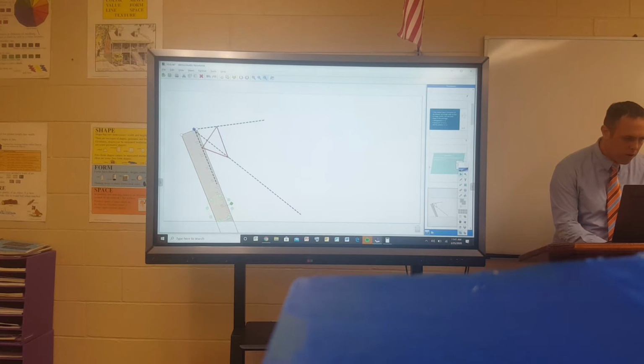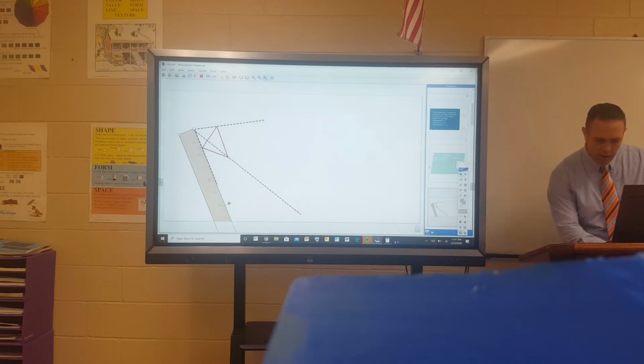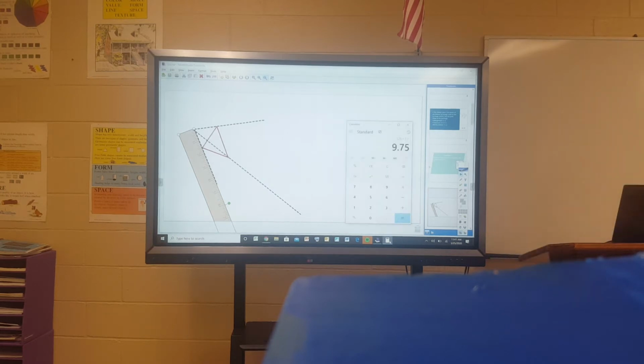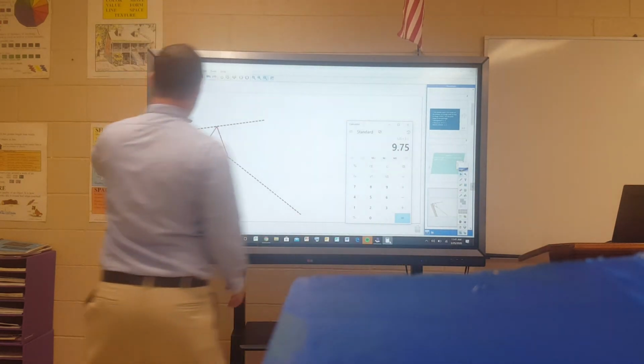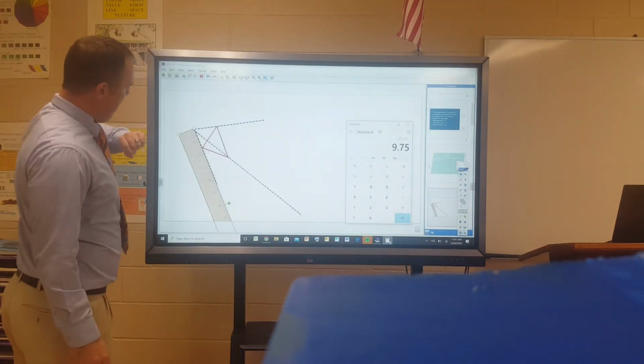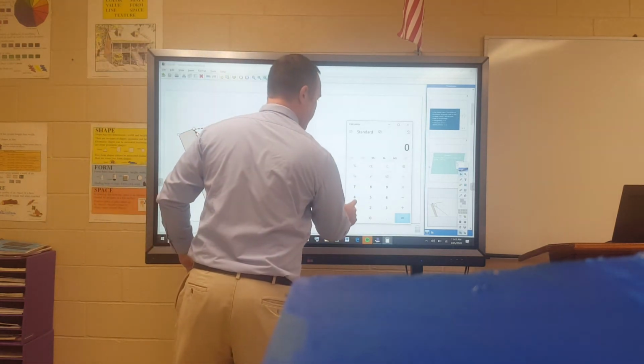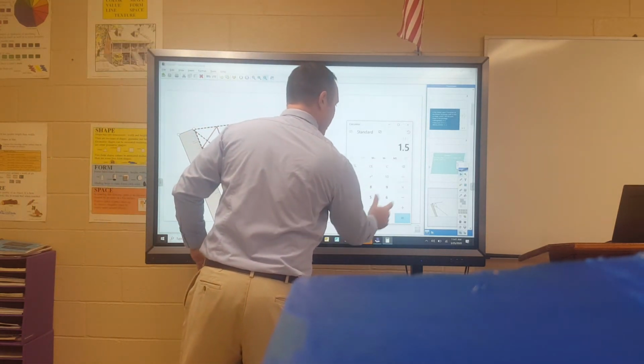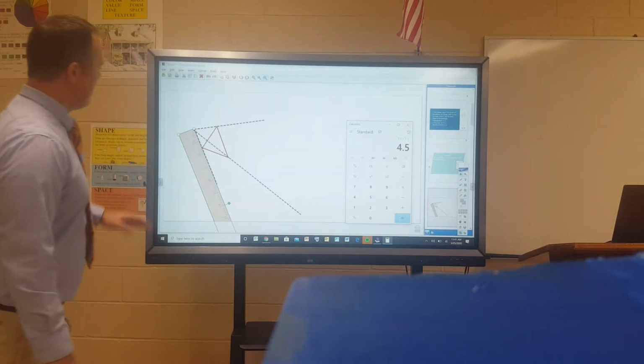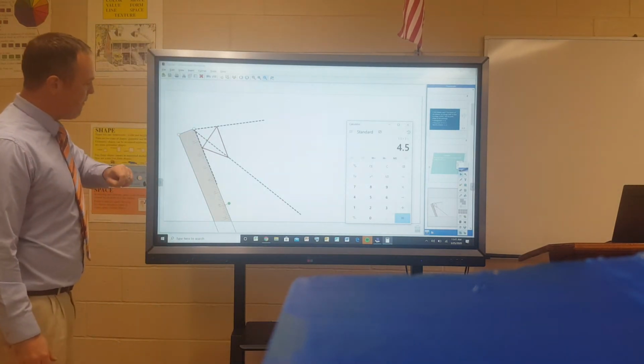All right, I think I got it. So we measure that. From the point to there is 1.5, it looks like. We can multiply that by 3. 1.5 times 3, we get 4.5. So we measure that out. Our new point would be at 4.5.